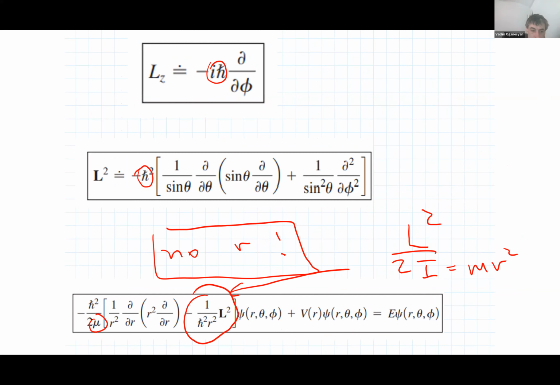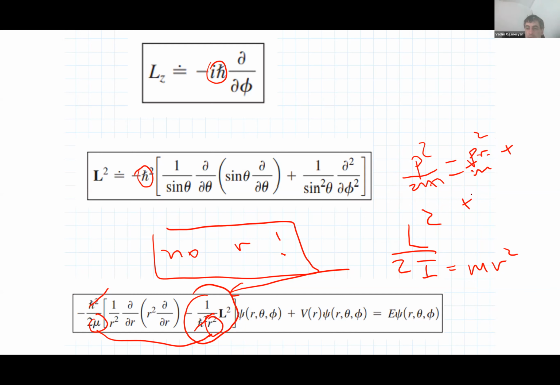So you can start connecting the dots here, right? H bar will cancel. And so you can see without too much extra work that, when you write down p squared over 2m for a three-dimensional motion, there's going to be radial motion, roughly speaking, pr squared over 2m.